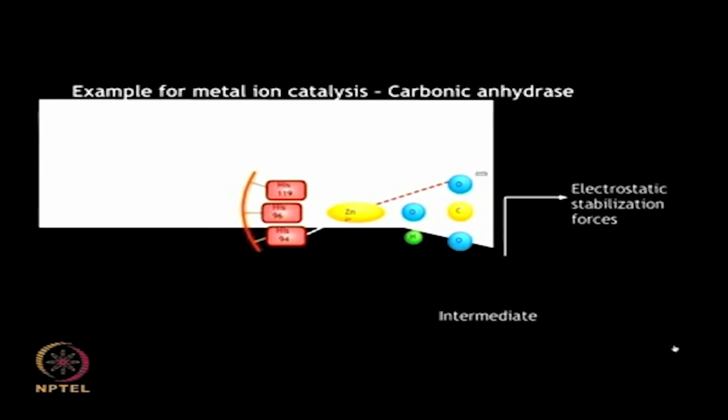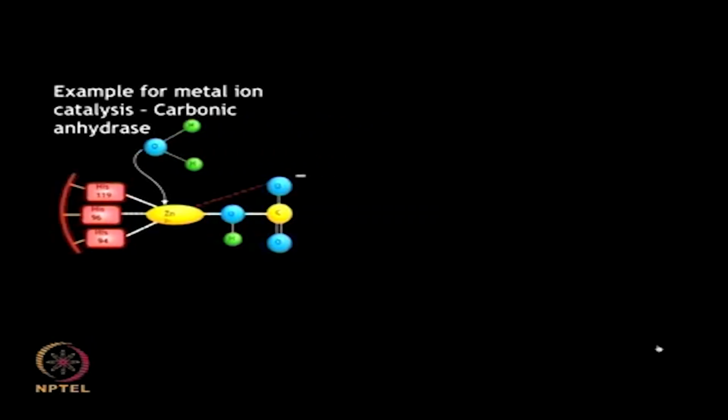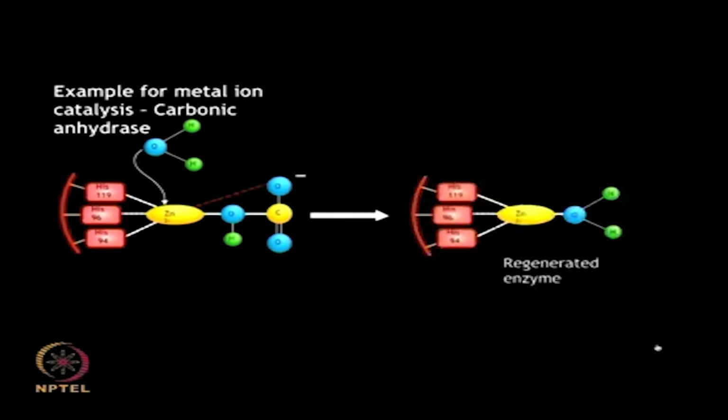Binding of another molecule of water to the zinc ion at the active site of the enzyme leads to release of the bicarbonate ion and regeneration of the enzyme molecule for another round of catalysis. Various pH related studies have provided substantial proof for this mechanism.